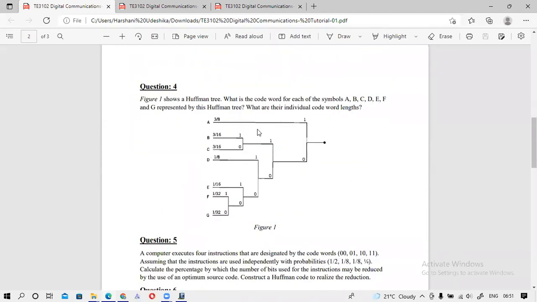I think this one also we can pass, because it is very simple. You can read from here and write the code word. For this one, the code word will be 0000.